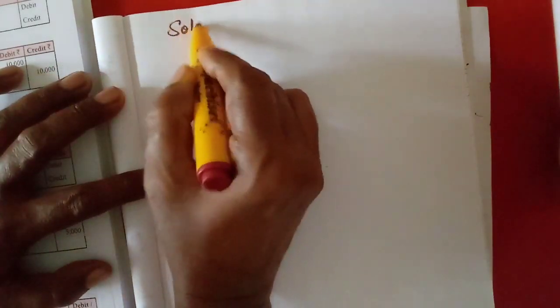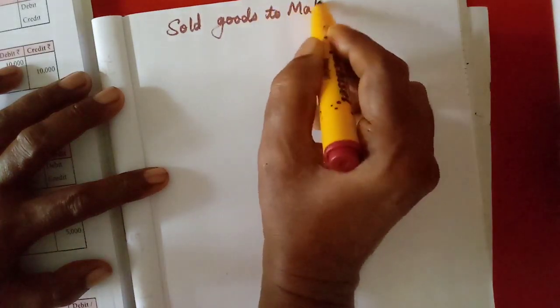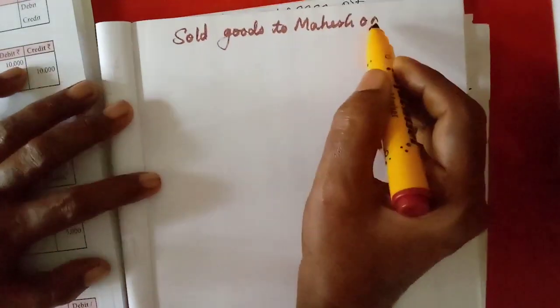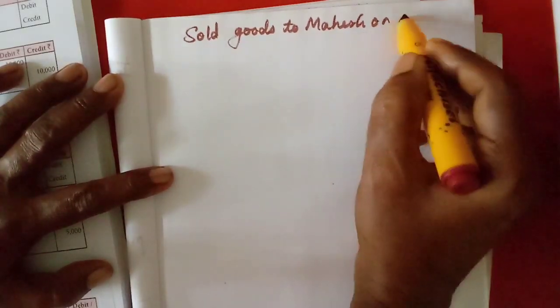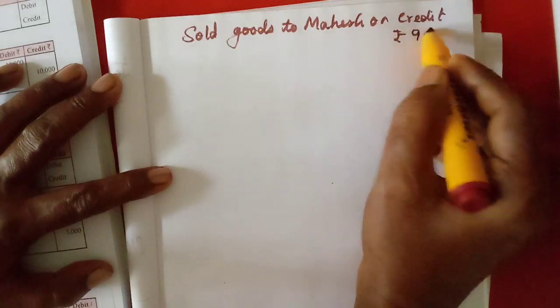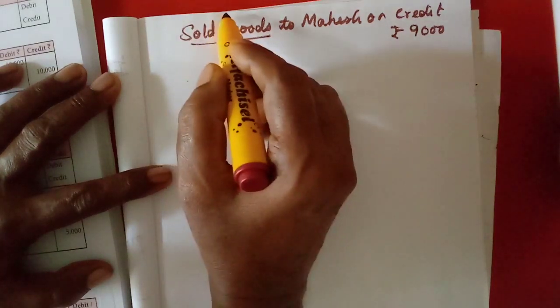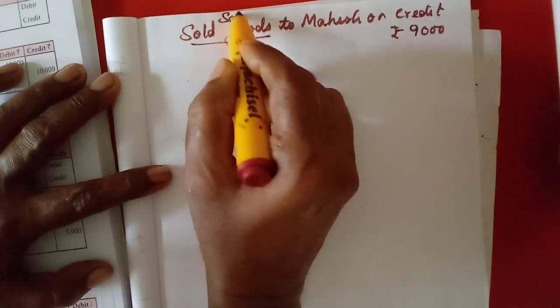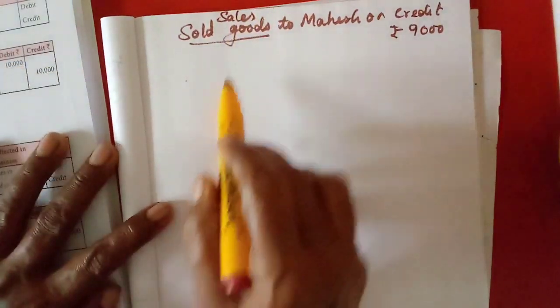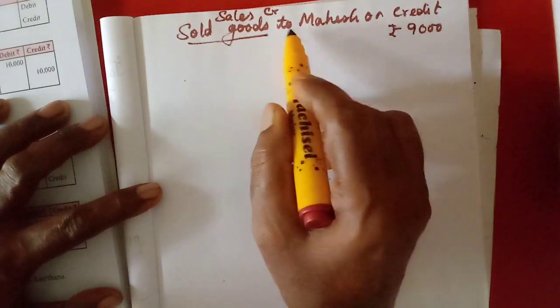Then another transaction. Sold goods to Mahesh on credit, rupees 9,000. Purchase goods means it is called purchase. Sold goods means it is called sales. So it is an income, so we need to credit. Then to whom?